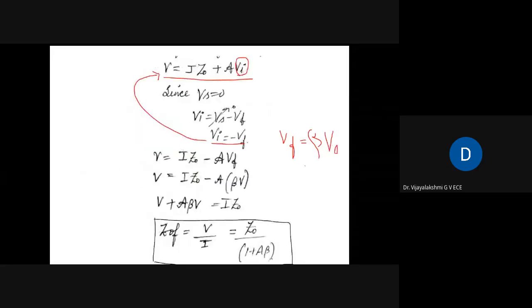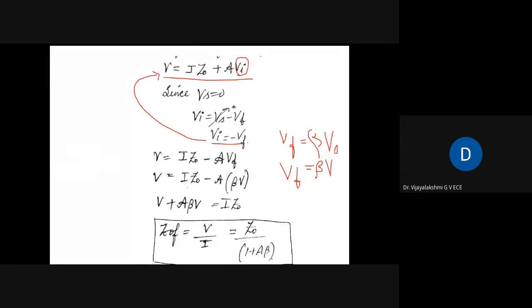So it is nothing but beta times V. So we have Vf is equal to beta times V. We substitute that, and now V and A beta V are separated on one side, and on the other side we have I into Z0.